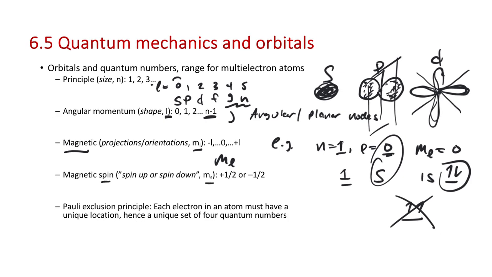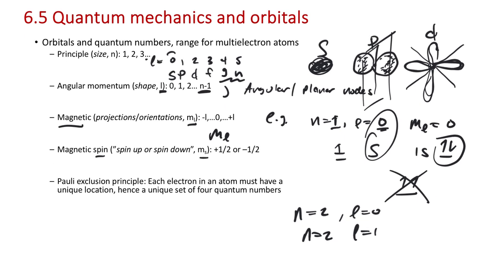Well, let's look at n equals 2. When n is equal to 2, L can be equal to 0 or 1. Let's look at these separately: L equals 0 versus L equals 1. L equals 0 is referring to the 2s subshell.